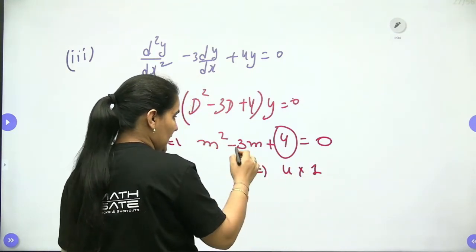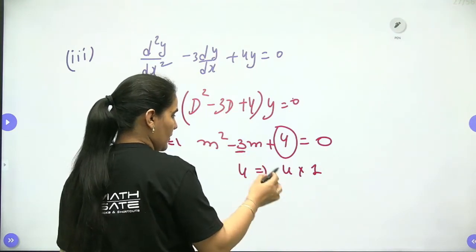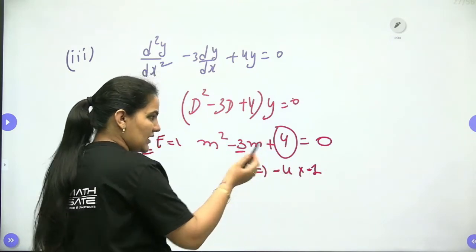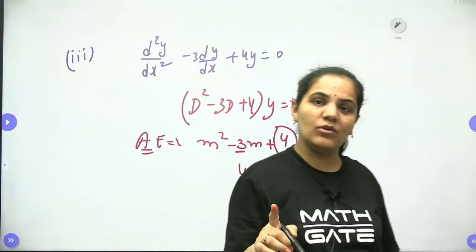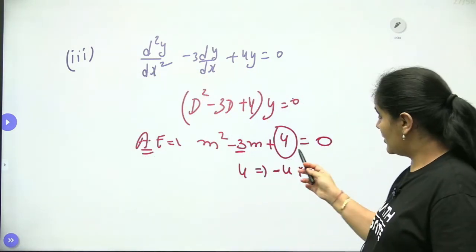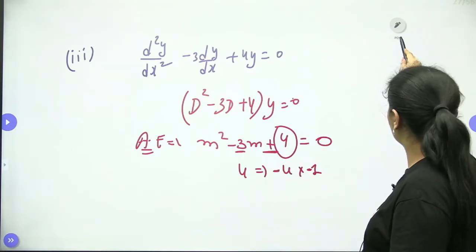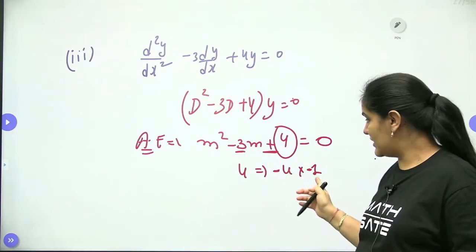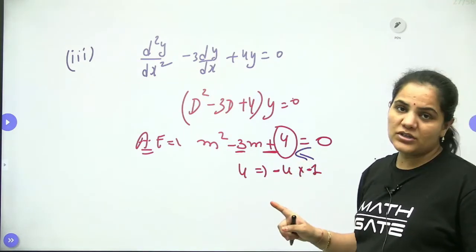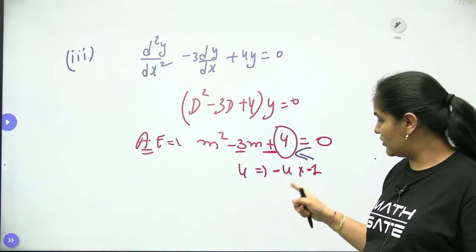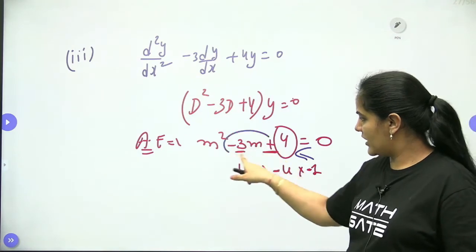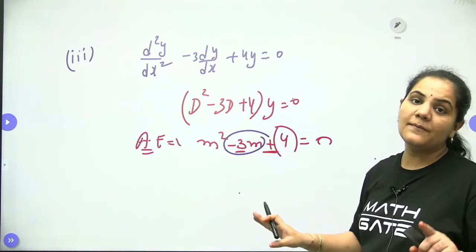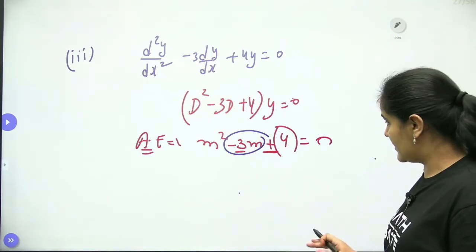If I write minus 4 and minus 1, the product will be positive, but the sum will be minus 5. It is not possible to approach here. So as I think, the roots will be imaginary in that particular case.